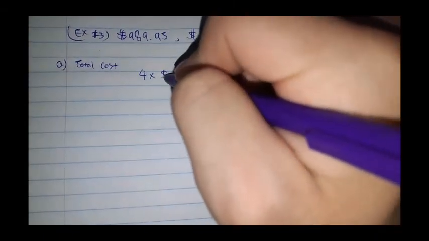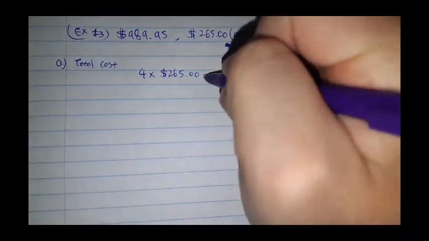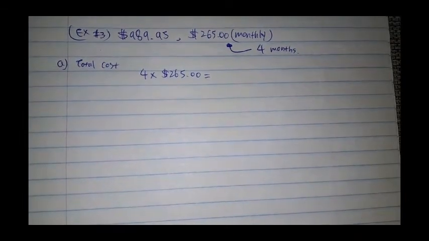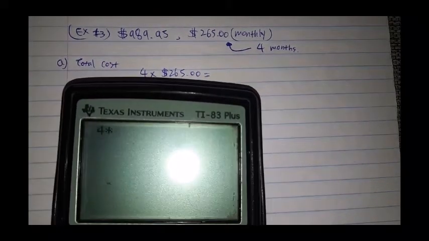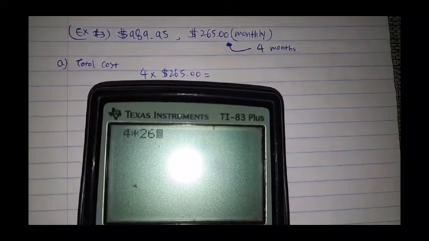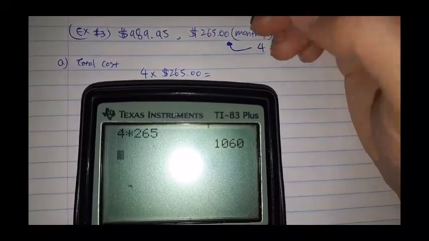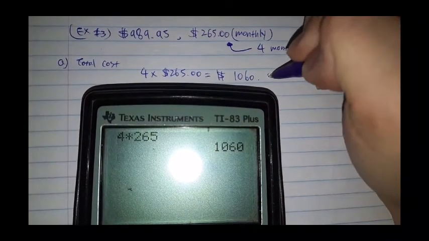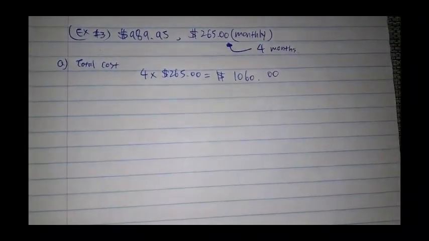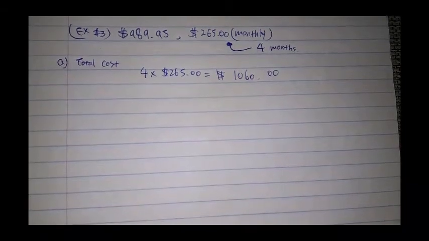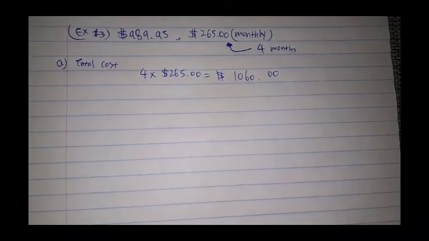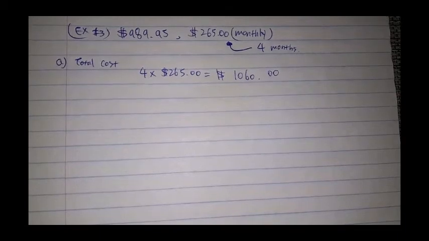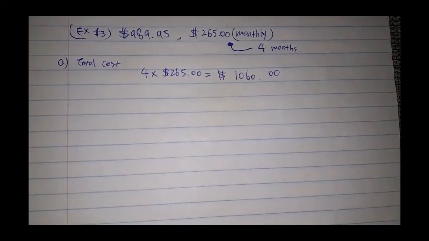So if you do that for 4 months, you just multiply by 4. Take out your calculator: 4 times 265 gives me $1,060. That is A's answer, the total cost of the stove.